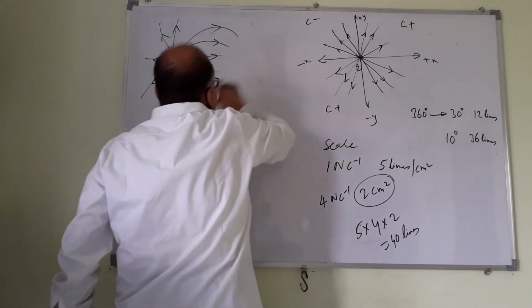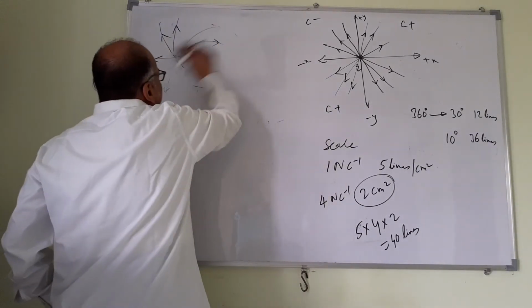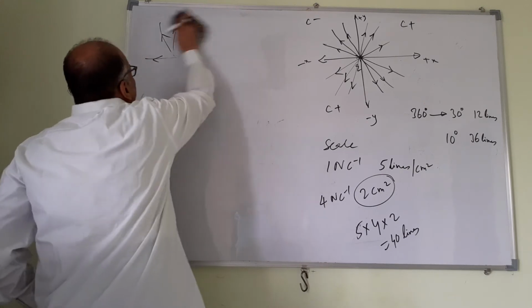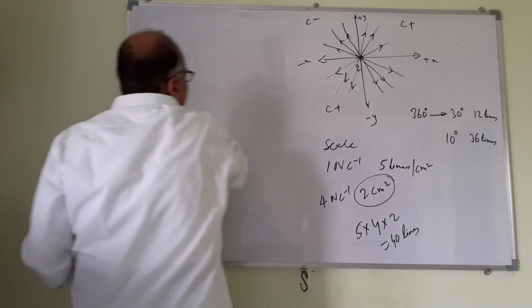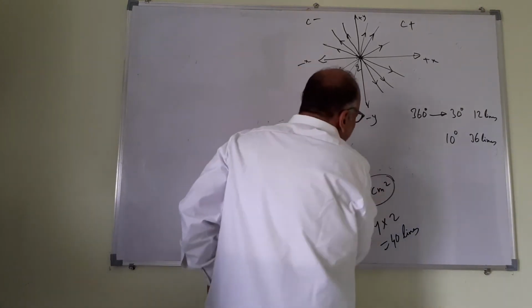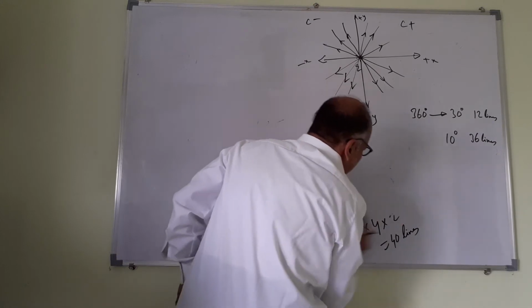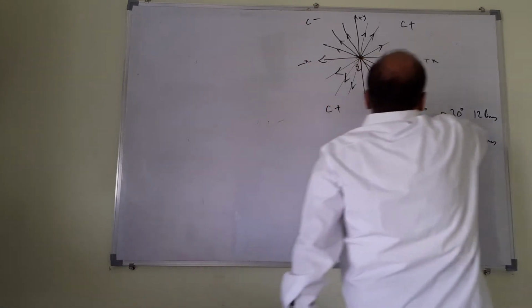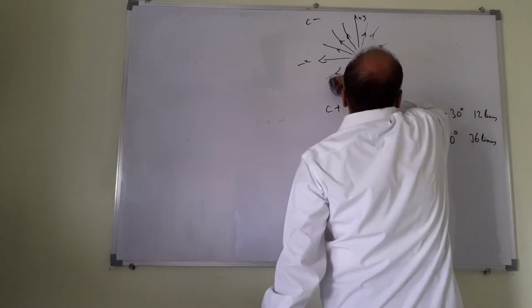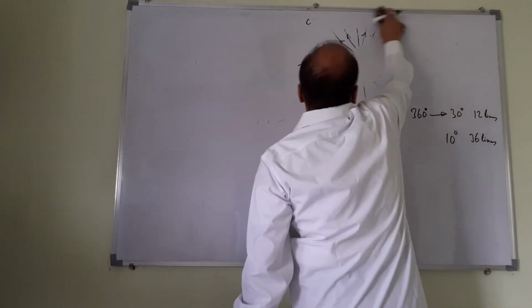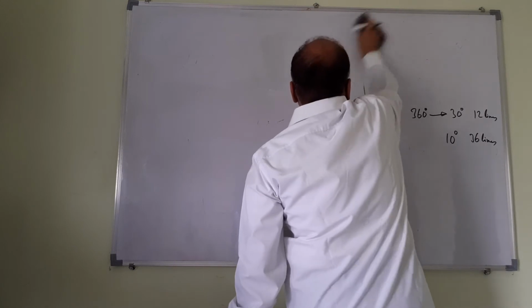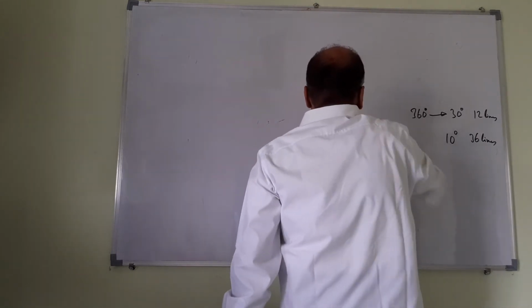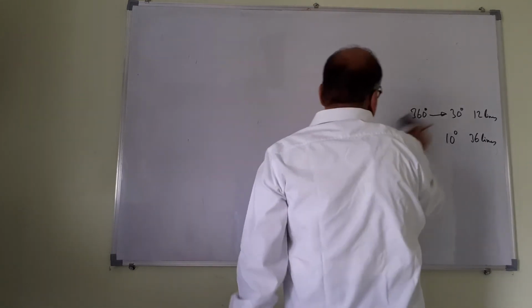Now the lines of force are drawn in such a way that they are proportional to the field intensity. That is, if the field is stronger at that place, there are more lines of force. The lines of force are crowded.